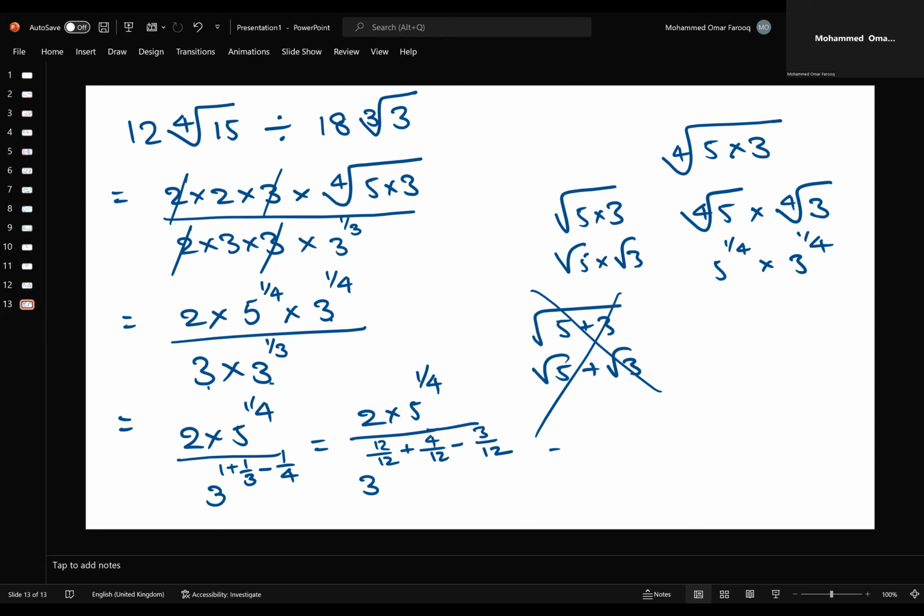So that is equal to 2 into 5 to the power of 1 by 4 divided by 3 to the power of, what is the LCM here? 12. So I write 12 by 12 plus 4 by 12 minus 3 by 12. 12 plus 4 is 16, 16 minus 3 is 13 by 12. Understood?